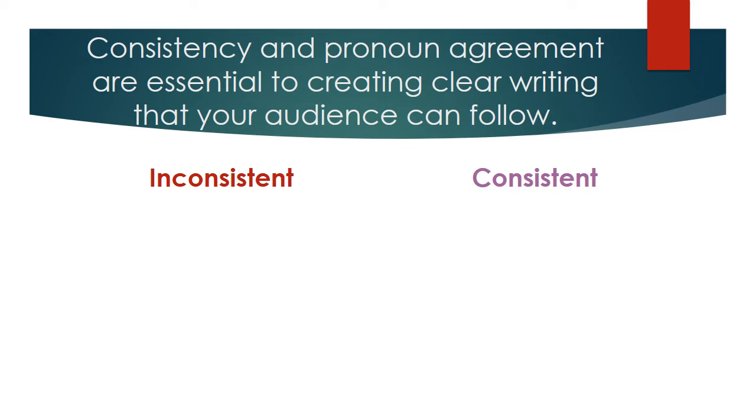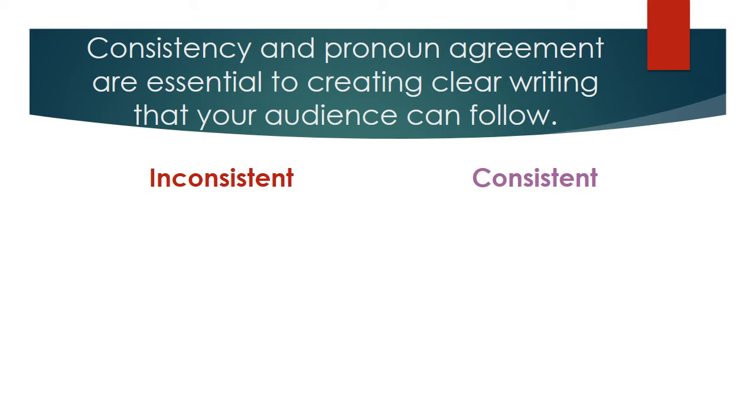So let's first talk about consistency in pronouns, and I would be willing to bet that most of you are unaware of pronoun inconsistency. You probably make your pronouns inconsistent all the time, and generally when speaking, inconsistency is not worrisome. However, in writing, and especially in careful writing, we do want to be aware of pronoun consistency.